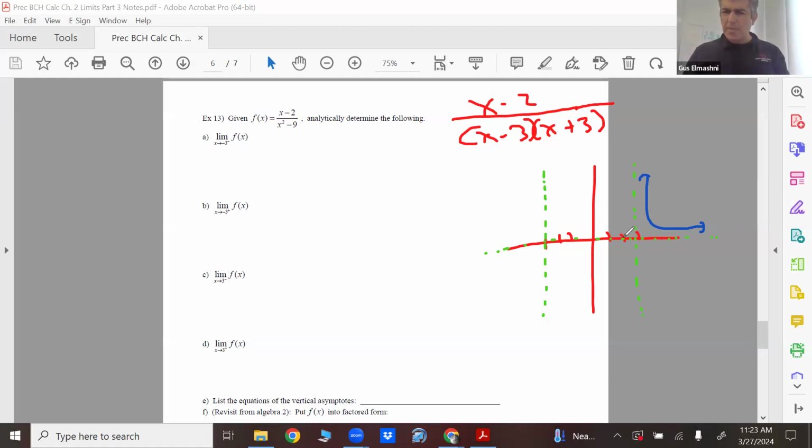There's an x-intercept at 2, I think, right? And a y-intercept at 2/9, I think. And if I plug in -4, for example, yeah, it should be like this. Yeah, that's how the graph looks.